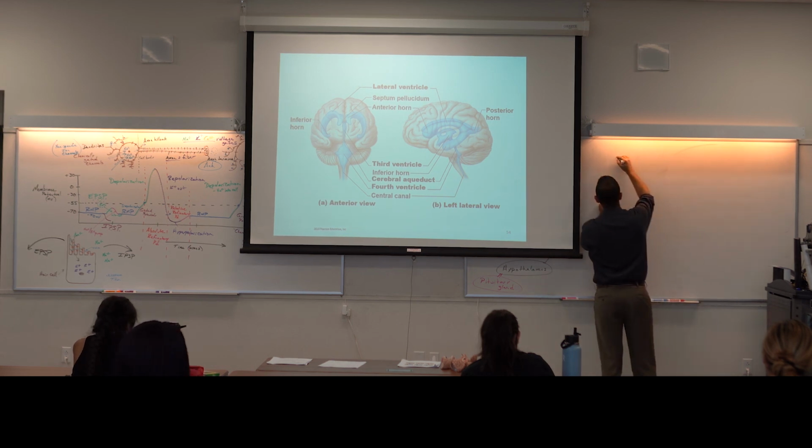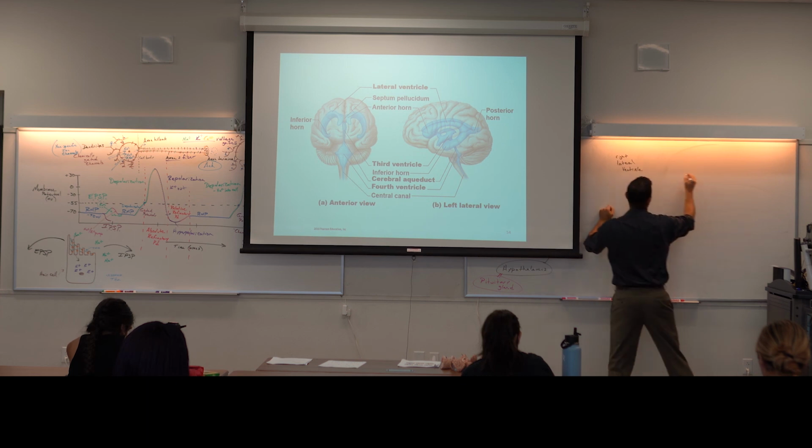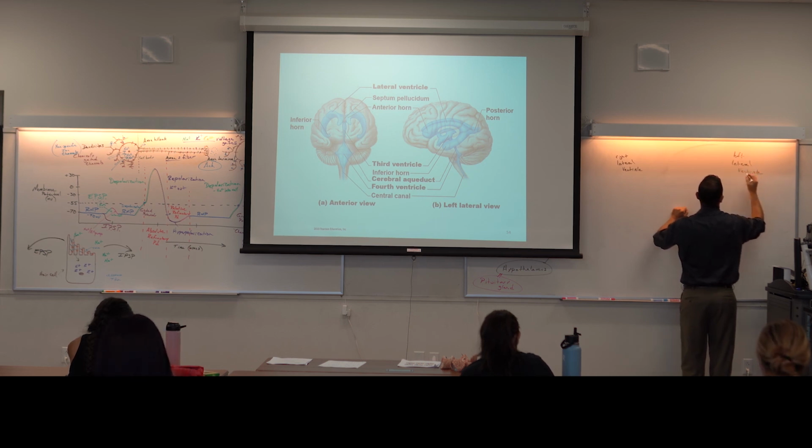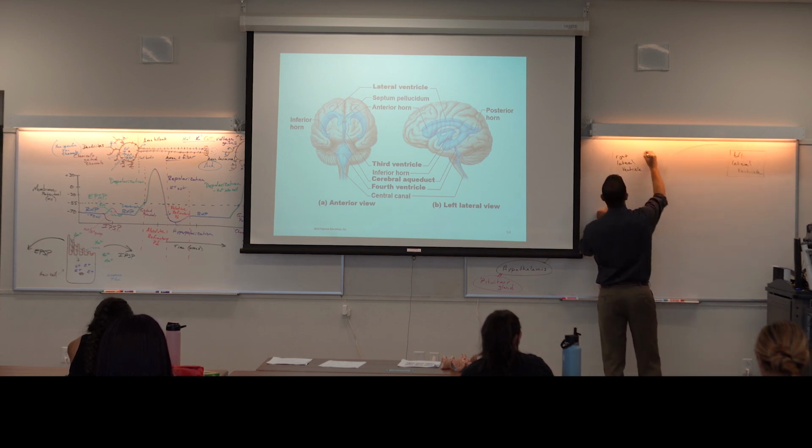So I'll write, we'll say right lateral ventricle, and over here I'd have to put left lateral ventricle. I'll put a box around each of those lateral ventricles.